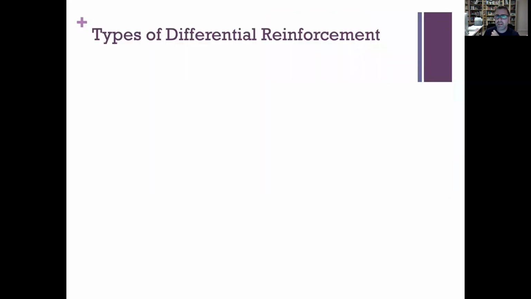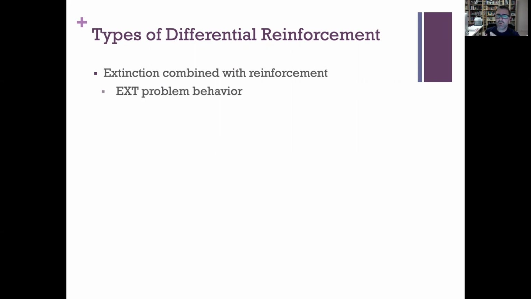Now, what is differential reinforcement? There are actually different types of differential reinforcement, but all of them involve using extinction combined with reinforcement. So what you're doing is you're putting the problem behavior under extinction. Now remember, in order to put problem behavior under extinction, you need to know exactly what is the reinforcer or the consequence maintaining the problem behavior.